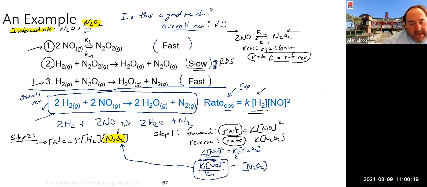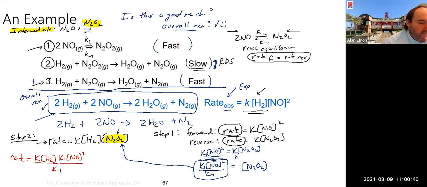Now, if we do all that and clean up everything, let's see what we end up with. So substituting that in, the rate is equal to K times H2, and substituting in our guy there, K1 NO squared divided by K to the minus 1.